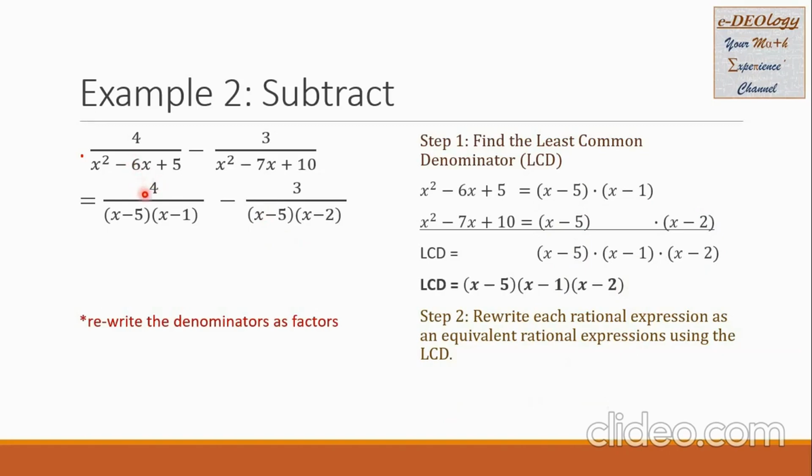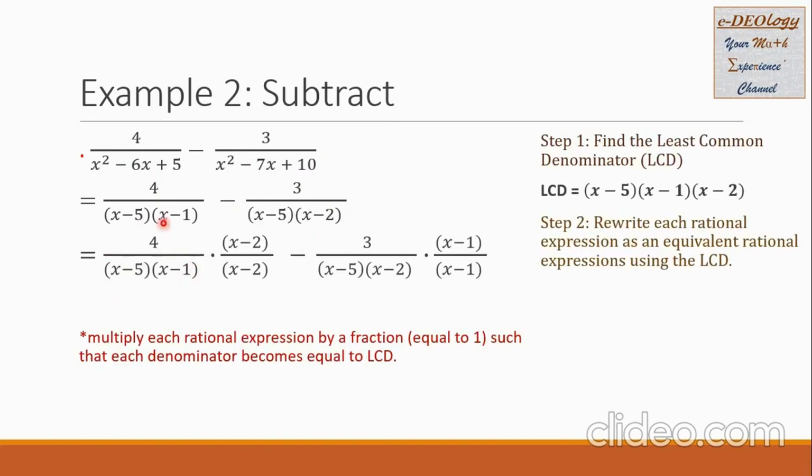So this one becomes 4 over the factors x minus 5 times x minus 1, then minus this trinomial. The factors are x minus 5 times x minus 2. Of course, the numerator 3 is copied here.